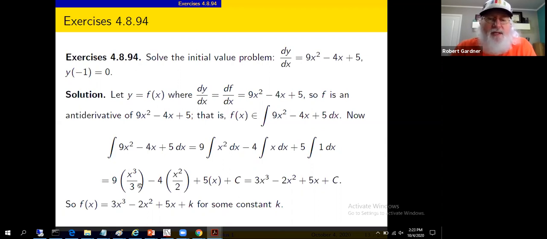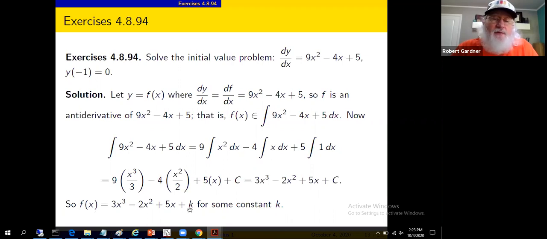Let's clean it up a little bit. 9 divided by 3 is 3. Do some cancellation there. So we produce this for the indefinite integral. So f of x is an element of this set. So f of x is of the form 3x cubed minus 2x squared plus 5x plus some specific constant.